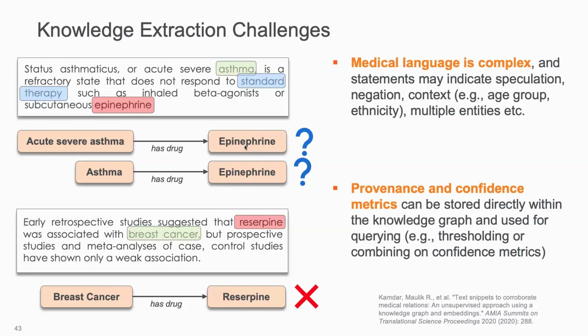Given this particular statement in a medical textbook, can you infer that acute severe asthma has drug epinephrine?